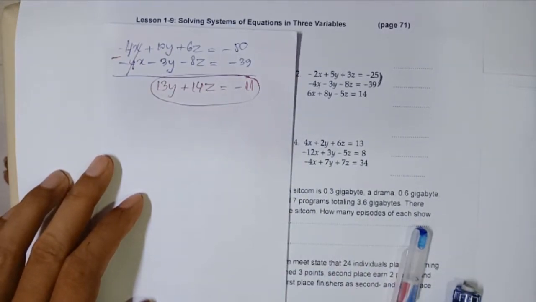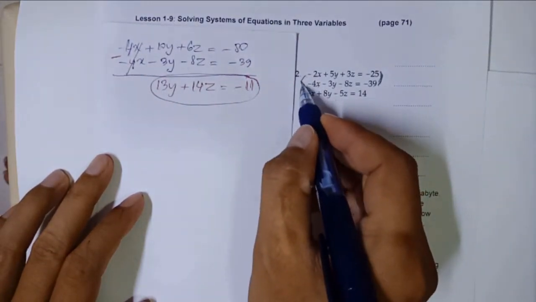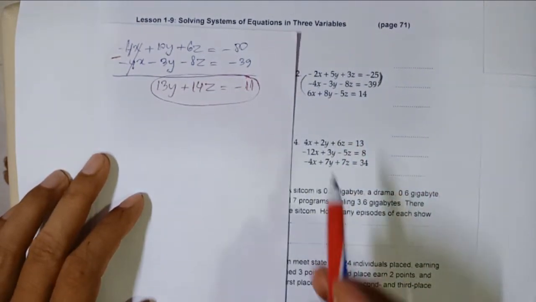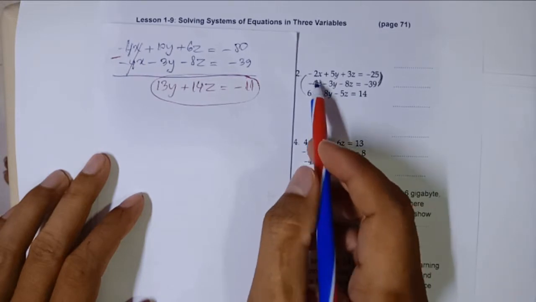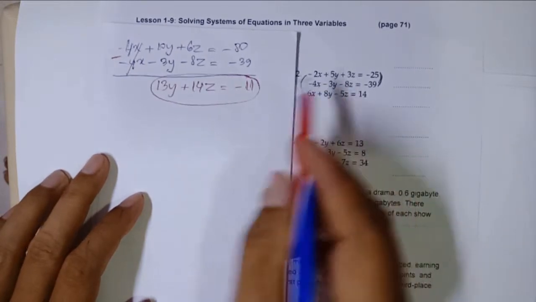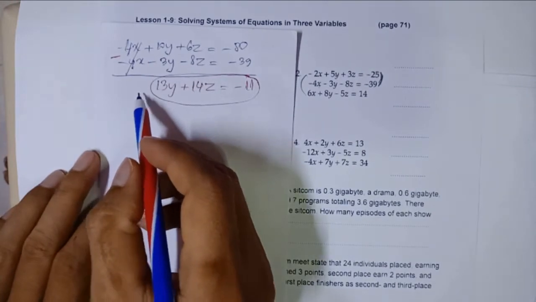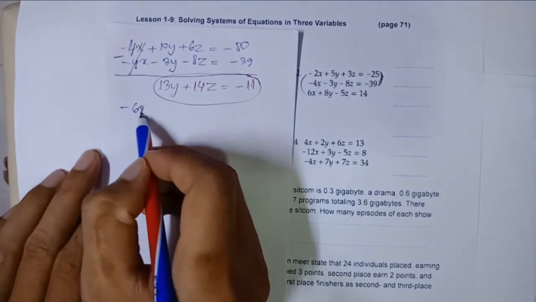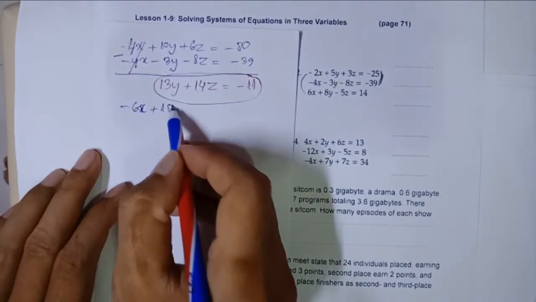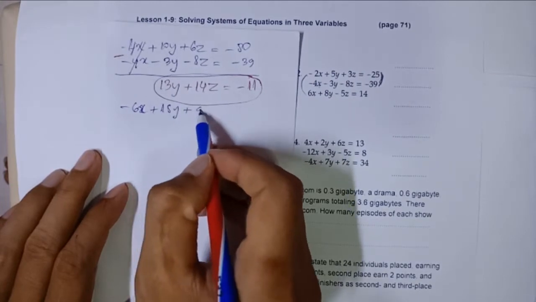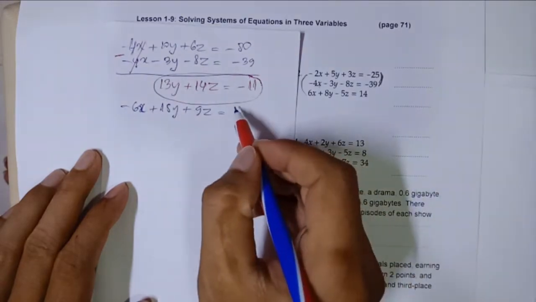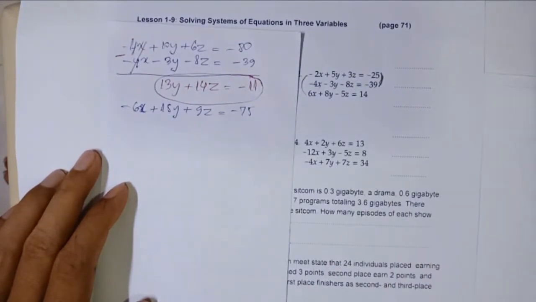So after that, this time I'm going to combine the first with the third equation. Let's start. So eliminate x. I'm going to multiply this by 3. Multiply by 3, you're going to have minus 6x plus 15y plus 9z equal to minus 75.